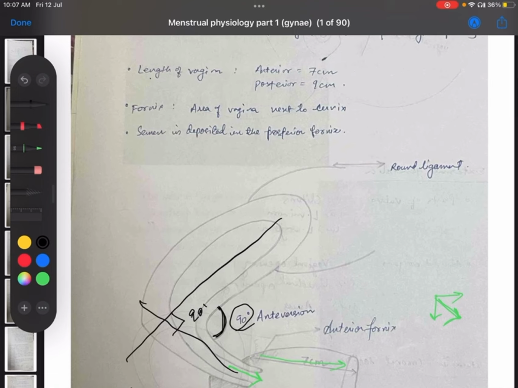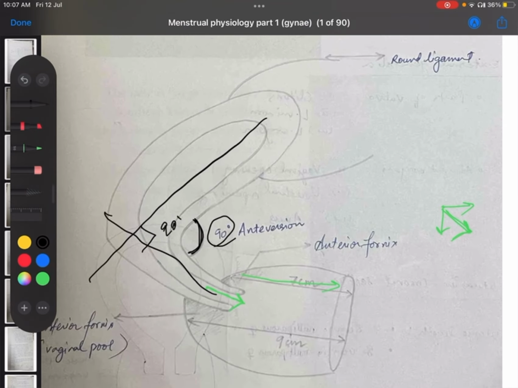Now let us understand the fornix. The area of the vagina next to the cervix is called the fornix. This is the vagina and this is the cervix. This particular area is called the fornix.